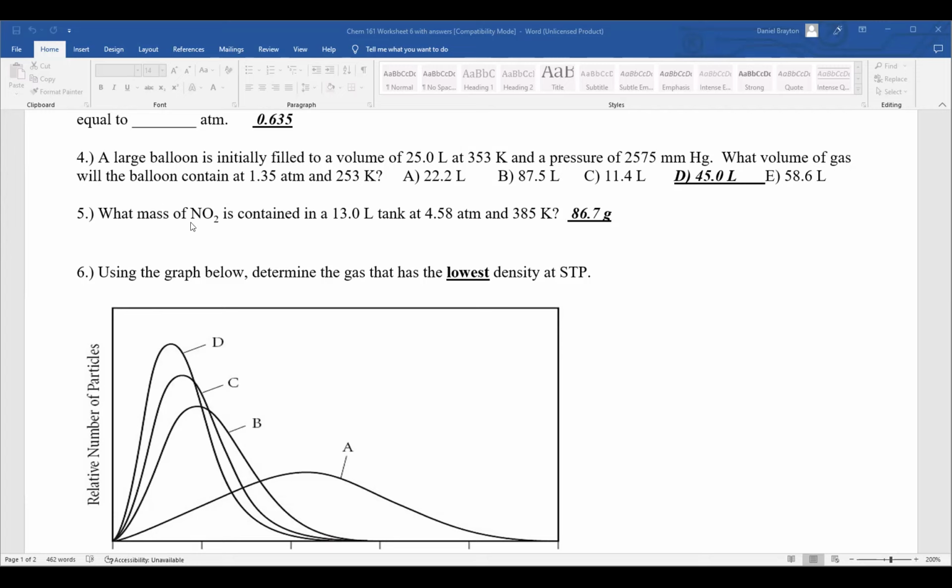And then NO2 indirectly tells you what gas it is, and indirectly the molar mass. So you'd have to go either onto Google or grab your periodic table, and roughly oxygen 16. So 16 times 2 is 32, plus 14 is 46. And so it looks like it's about 2 moles because it's 86, so just under 2 moles.